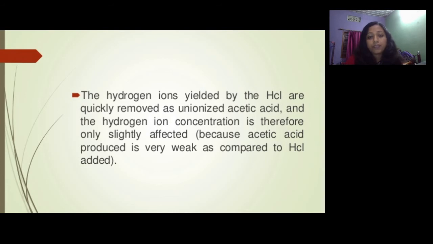That's why the pH is slightly affected or not affected. The hydrogen ions yielded by the HCl are quickly removed as unionized acetic acid, and the hydrogen ion concentration is therefore only slightly affected, because acetic acid is very weak as compared to the HCl added.